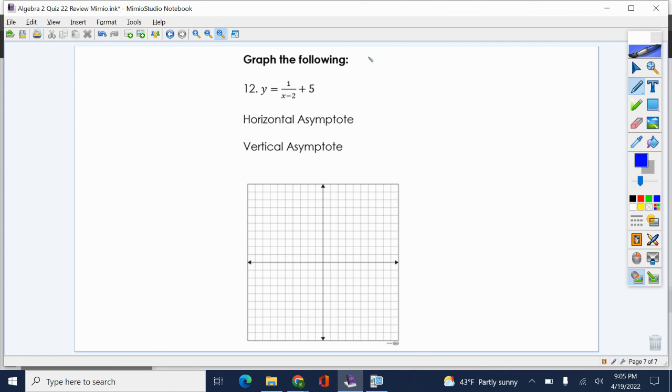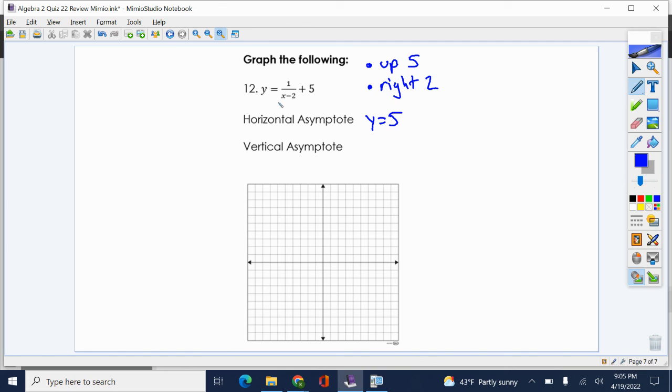So let's see. Transformations, it's plus 5, so it's up 5. X minus 2 means this is going right 2. And you can see that from the graphing calculator image. The horizontal asymptote is at y equals 5. Again, you're looking right there.